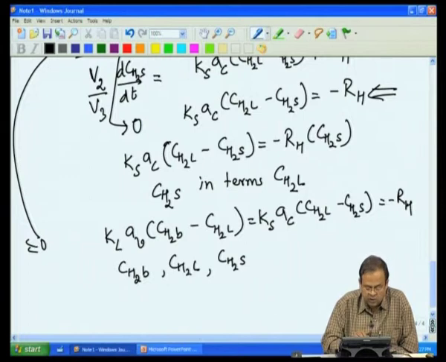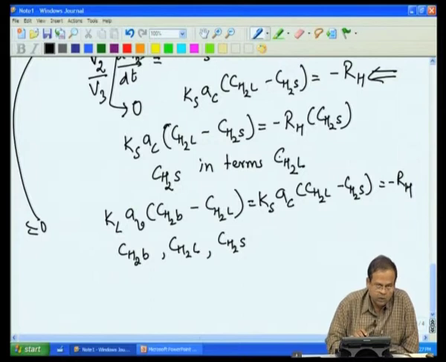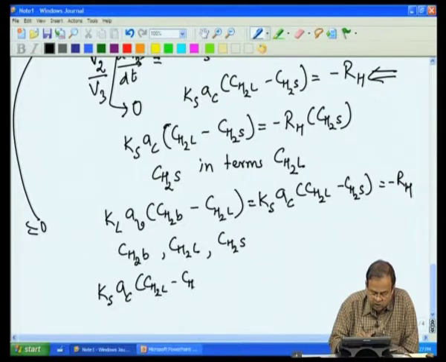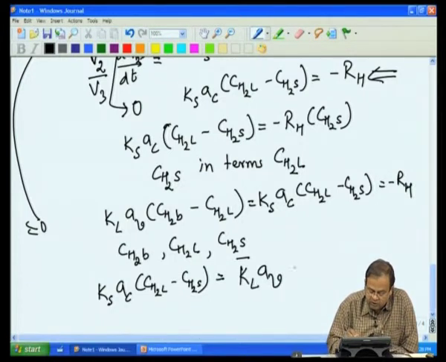So, in the gas phase, liquid phase and on the surface, three concentrations, and we can use these relationships to eliminate one in terms of the other, and if you do all that exercise, we actually get Ks into Ac into CH2L minus CH2S, that is the hydrogen transfer across the liquid solid interface, as overall mass transfer coefficient Kla into CH2 bulk minus CH2S.